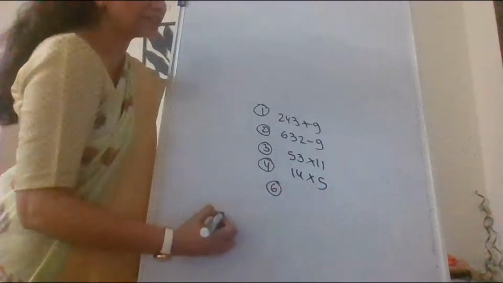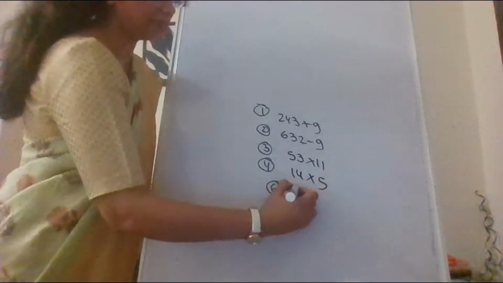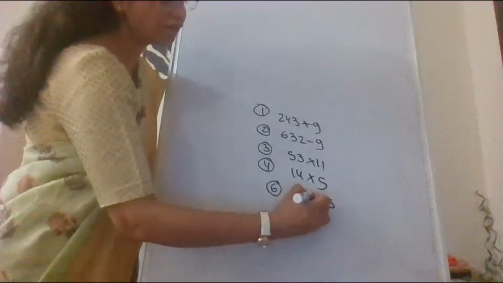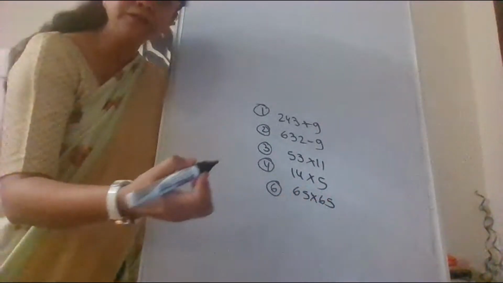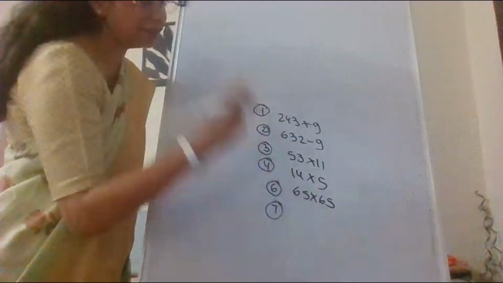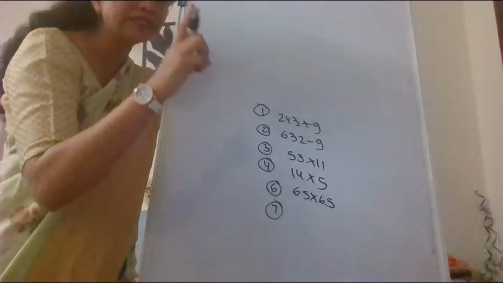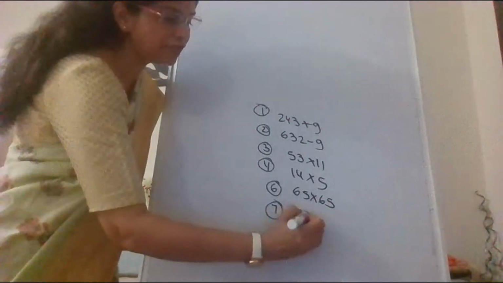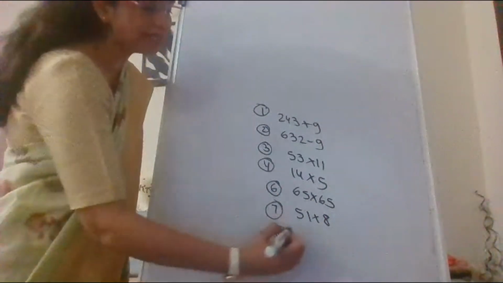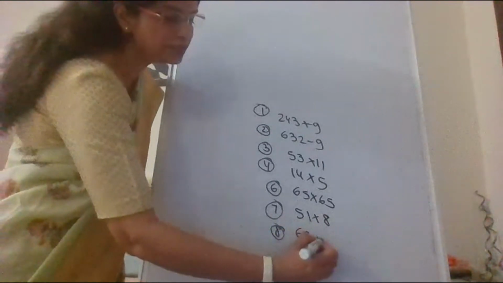And then we have learned the squaring of numbers, that is 65 times 65, or we can say 65 square. We have learned the trick to solve multiplication with a number that ends with 1, that is 51 times 8 or 61 times 4. And the eighth trick was the addition of the reverse number with it.